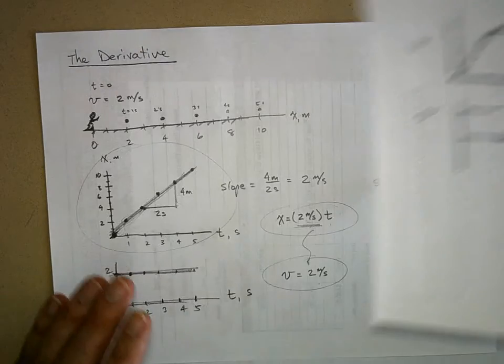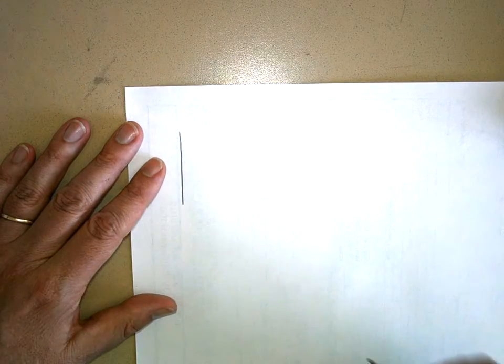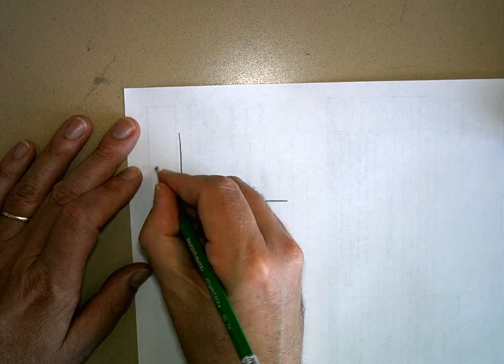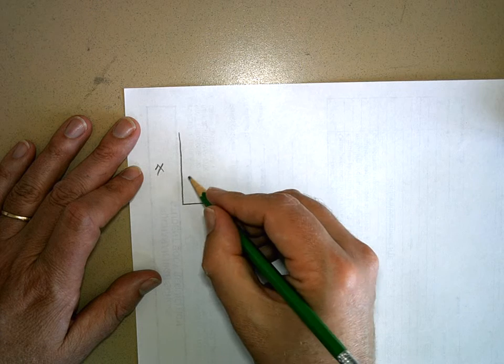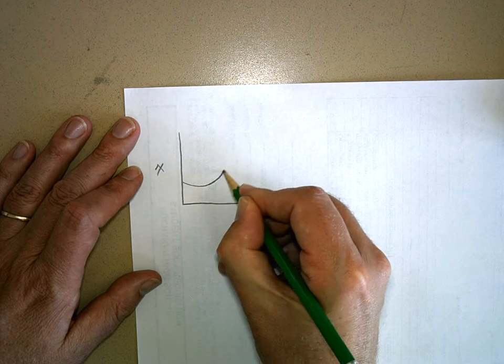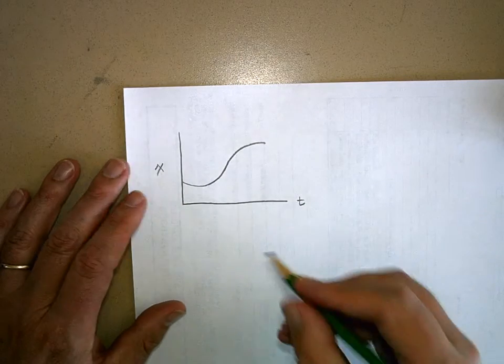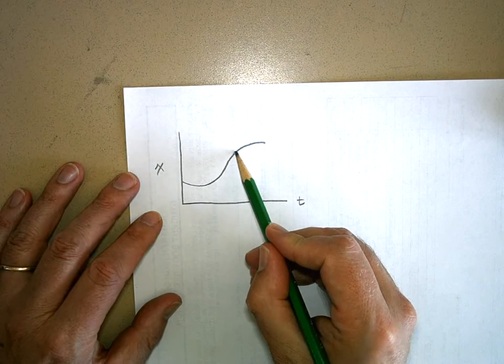So here's what we're going to do. And we mentioned this yesterday. If you have, like, this is x and this is t, if it's a curve and you say, okay, I want to know what is the velocity here?